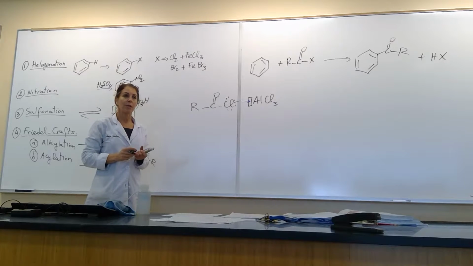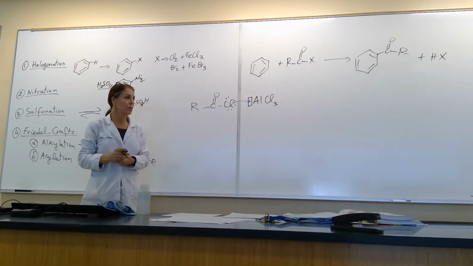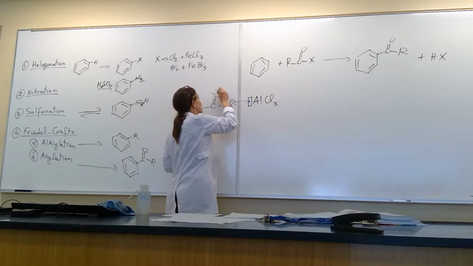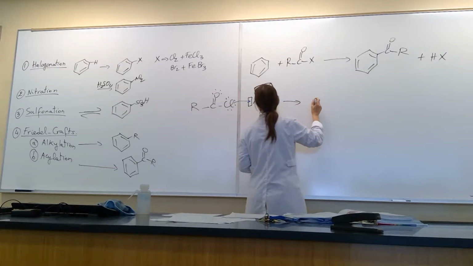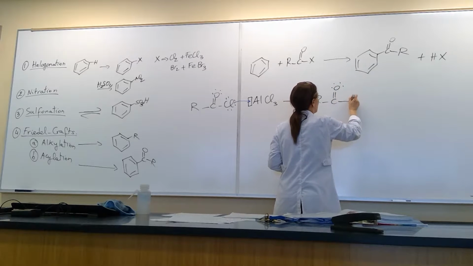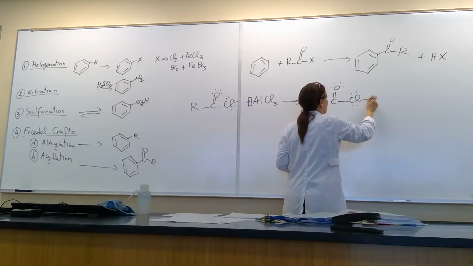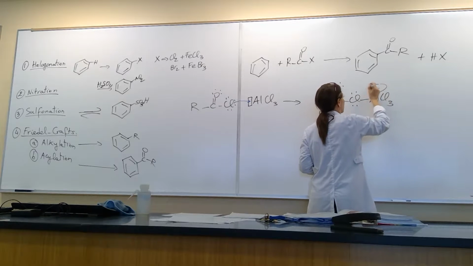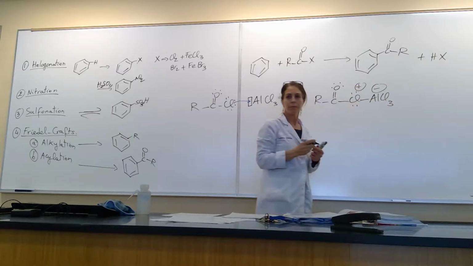So the mechanism here is similar to the previous one. Still the halogen attaches to the aluminum chloride. And then you get an RCO plus, Cl, AlCl3 minus. This is plus.